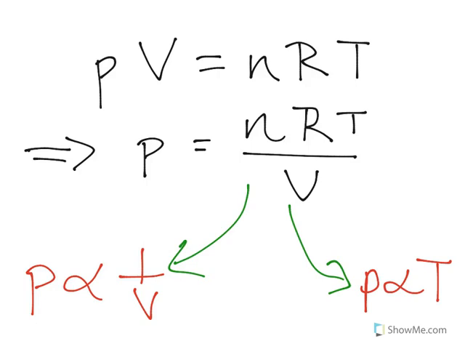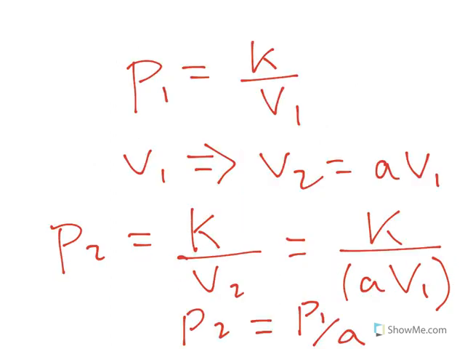So if we have a situation where T, the temperature, is kept constant, and we were to change V, then how does the pressure P change? If we're keeping T constant, that means that we can replace everything else in the equation apart from pressure and volume with the constant K. It's all constant, it doesn't matter.